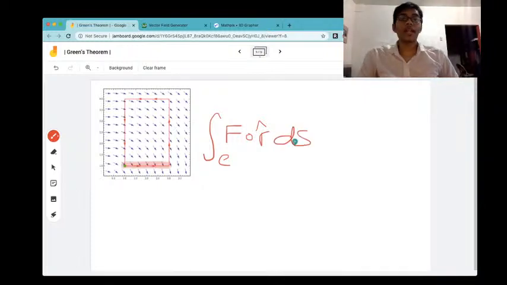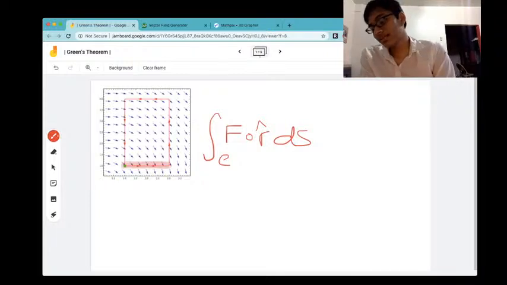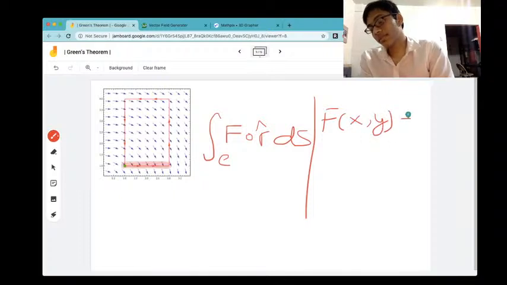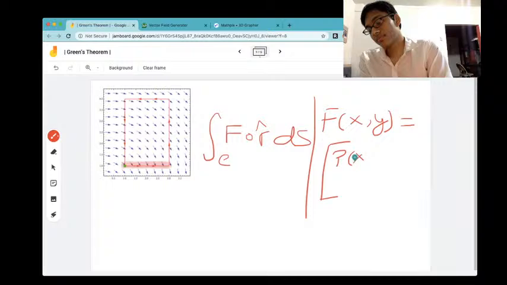Okay, so far so good. And what is our F? Let's go general here. Let's say our F can be defined in terms of P and Q, just as we did before.